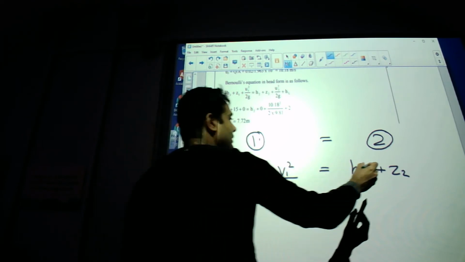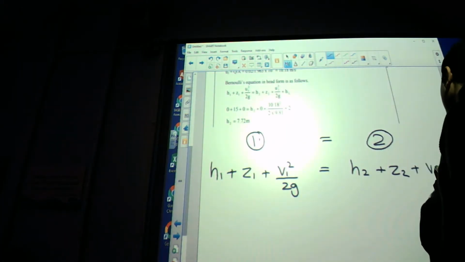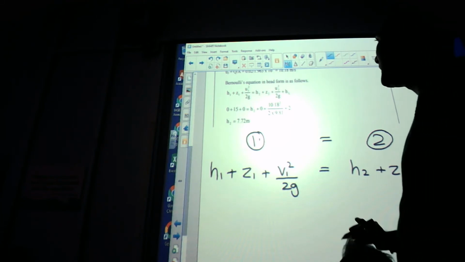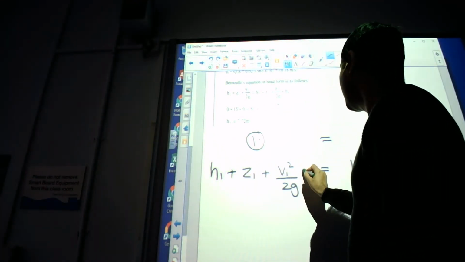I write v1 rather than u1. Yeah, v2 squared over 2g. So this is what I've got. One other thing I missed is the head. Yeah, this is H1.